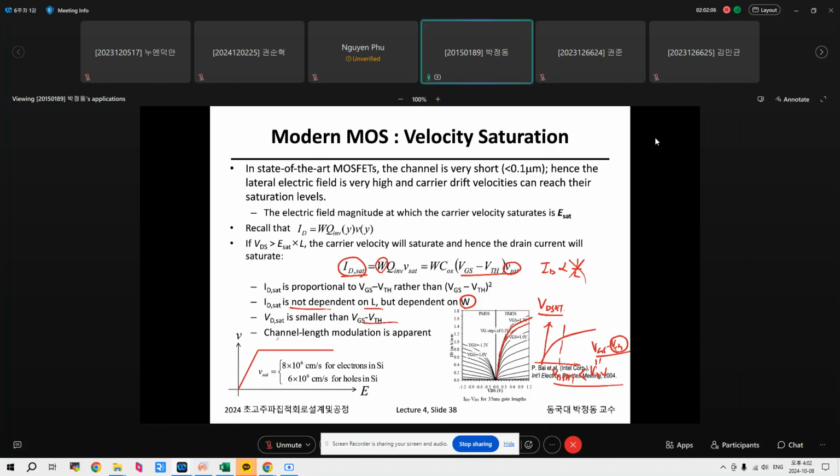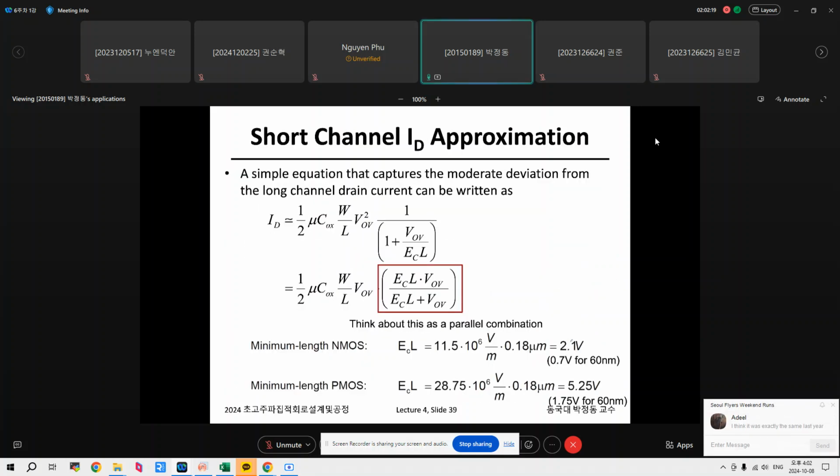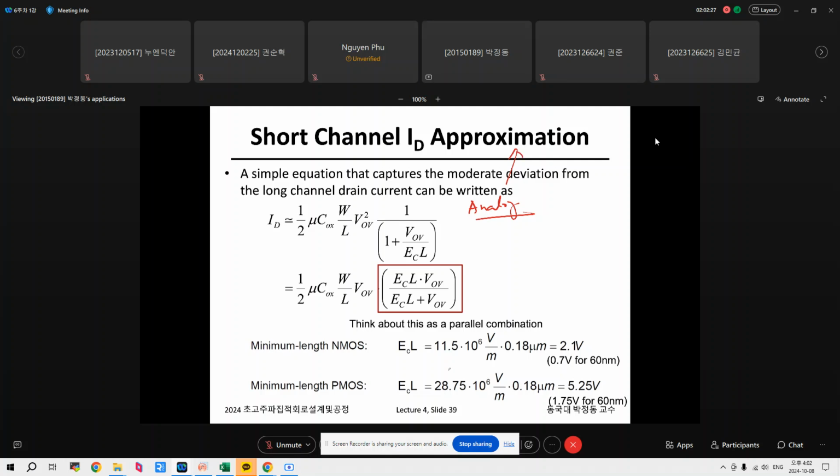Also, channel length modulation is apparent, which means we see channel length modulation and we see the DIBL effect, drain induced barrier lowering, as well. So in analog devices, this short channel effect is not that drastic, actually speaking.